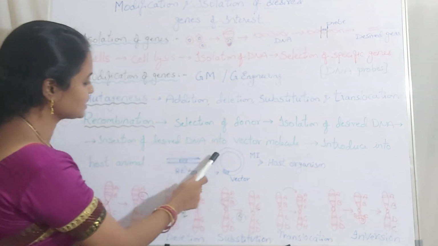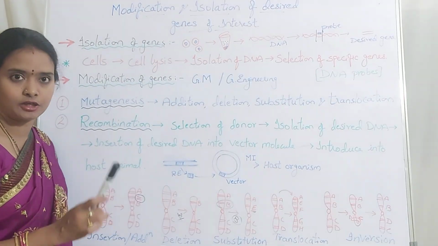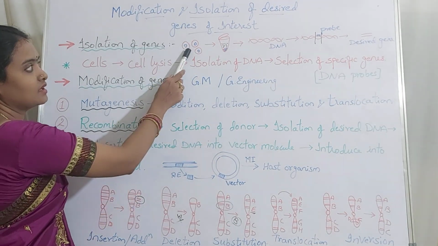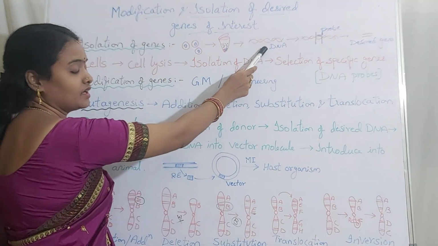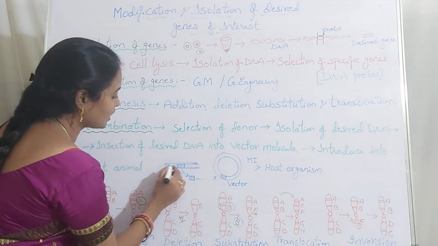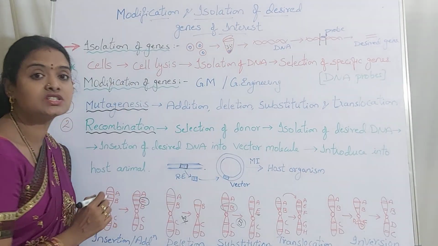So here you can see in the diagram, once you are selecting the desired animal, the donor animal, its DNA, again the cell lysis, then DNA is isolated. After you isolate the DNA, this is the DNA. After you isolate the DNA, only this region is the desired gene of interest.